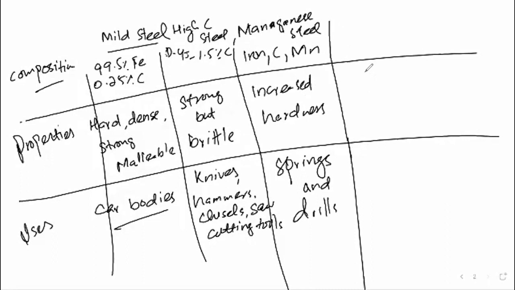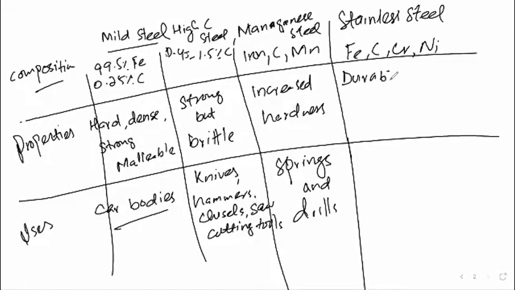The fourth type is stainless steel, which is the best quality. It contains iron, carbon, chromium, and nickel. They are used in different proportions, but this is durable, long lasting, and resistant to corrosion.